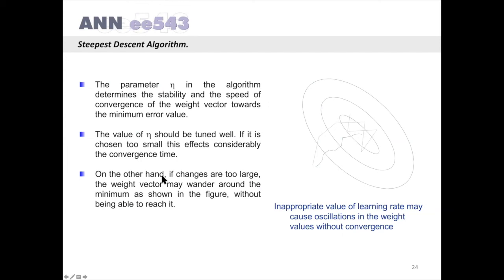On the other hand, if eta is large, so if changes are too large, the weight vector may wander around the minimum as shown in the figure without being able to reach it. So if eta is small, the convergence is slow. However, if eta is large, then an inappropriate value of learning rate may cause oscillations in the weight values without convergence. It may oscillate around the minimum.